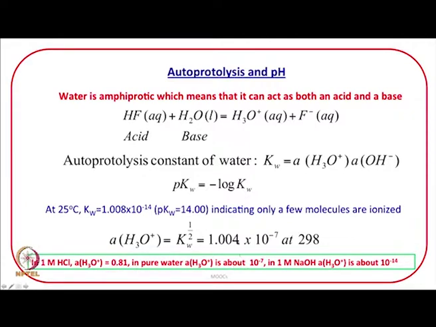For pure water, it is 10 raised to the power minus 7, and for 1 molar sodium hydroxide, it is about 10 raised to the power minus 14. And then we discussed that there has to be a simpler method of expressing these activities of the hydronium ion. There has to be a scale which should capture these activities. And that scale is the pH scale.